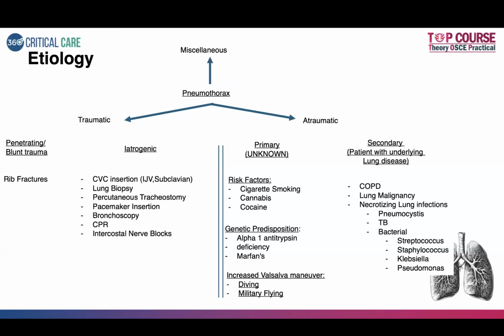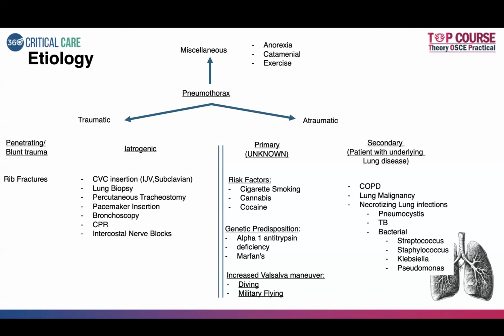Secondary atraumatic causes usually are seen in patients with an underlying lung disease like COPD, lung malignancy, necrotizing lung infections like pneumocystis, TB, bacterial infections such as streptococcal, staphylococcal, Klebsiella, or Pseudomonas. So any of these kinds of necrotizing lung infections can predispose to pneumothorax.